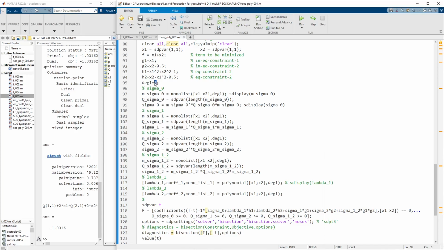when I talk about SOS tools making non-convex problems tractable, I meant that basically. You can just increase that degree. If you are able to solve that for a maximum degree equal to 6, okay. But if you are not able to solve that, you can increase it to 7, and then again try to solve that.